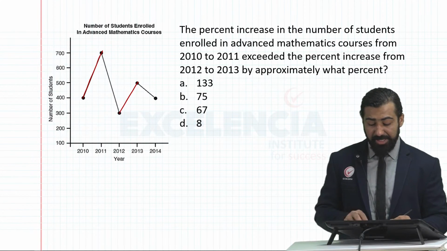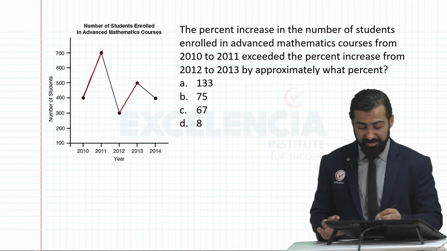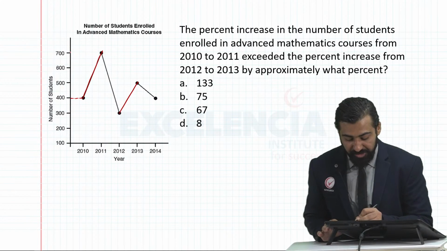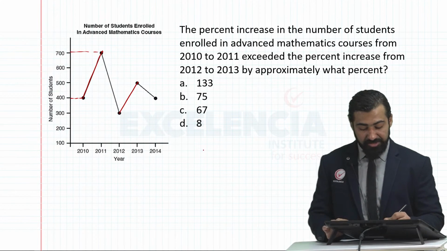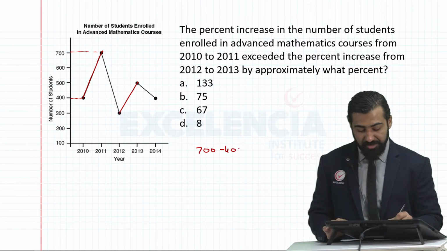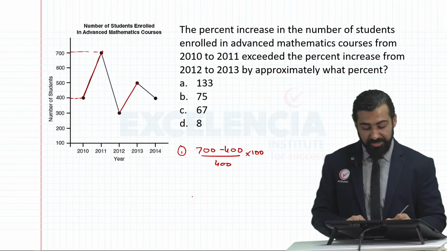So first let me calculate the percent increase from 2010 to 2011. This is 400, this is 700. So I'll get 700 minus 400 divided by 400 times 100. Okay, this is 2010 to 2011.